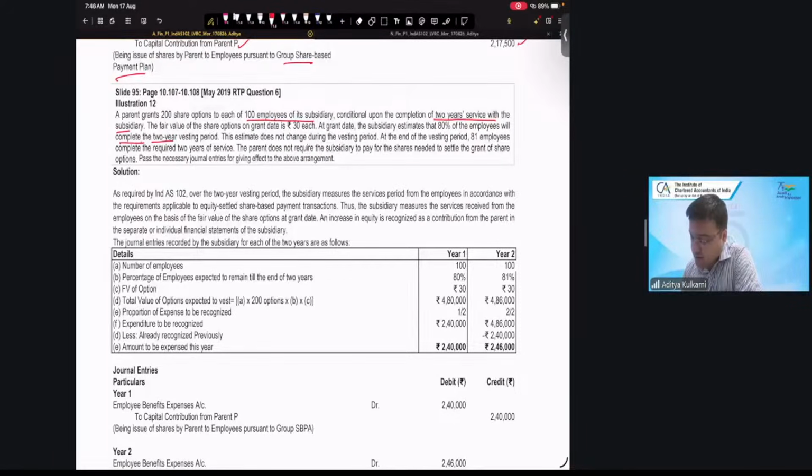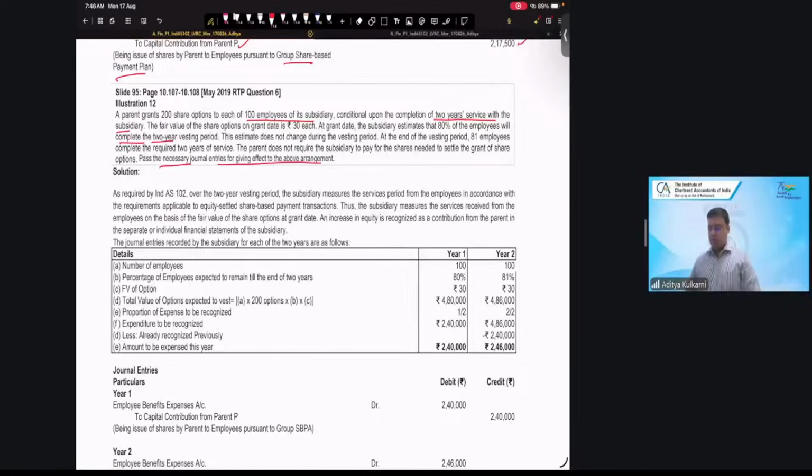This estimate does not change during the vesting period. At the end of the vesting period, 81 employees complete the required 2 years of service. The parent does not require the subsidiary to pay for the shares needed to settle the grant of share options. Pass necessary journal entries for giving effect to the above arrangement.